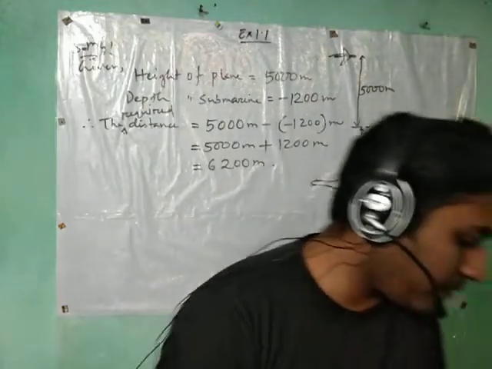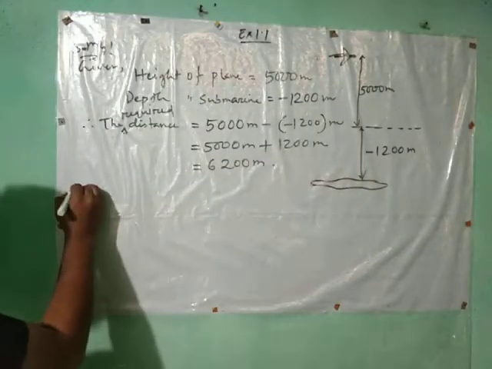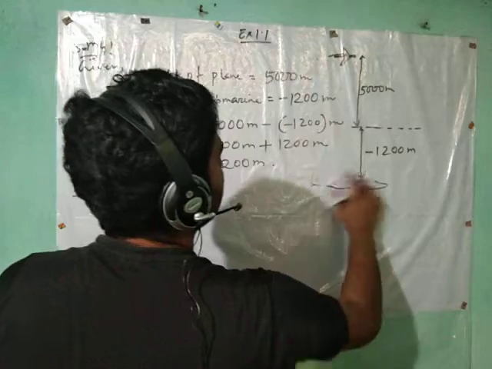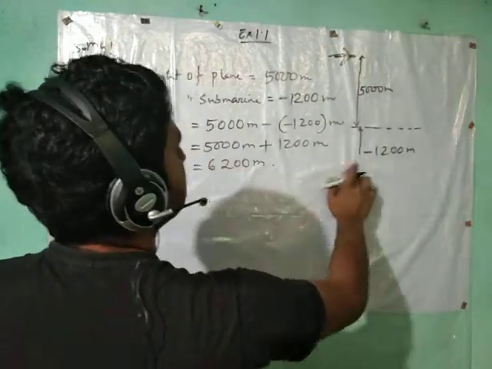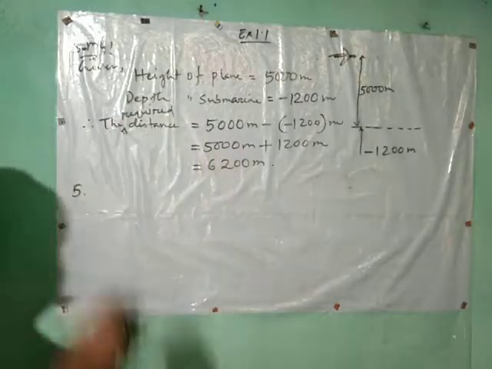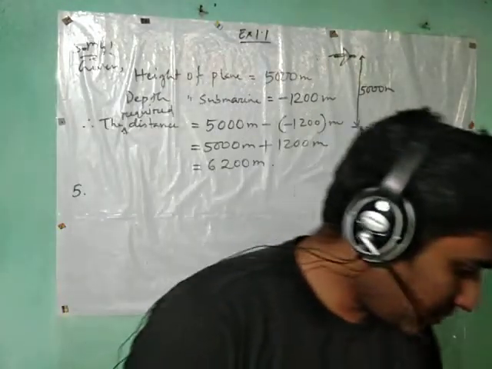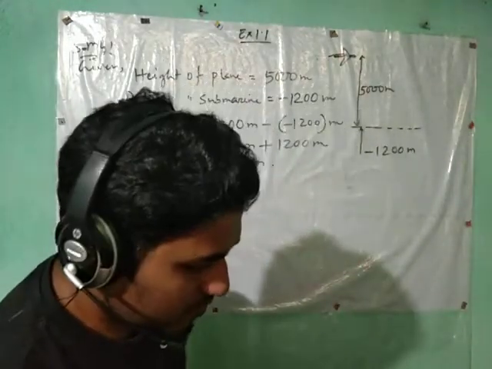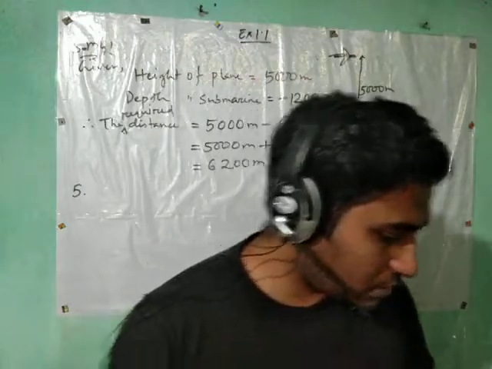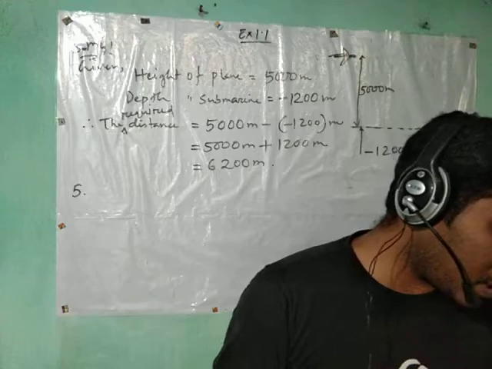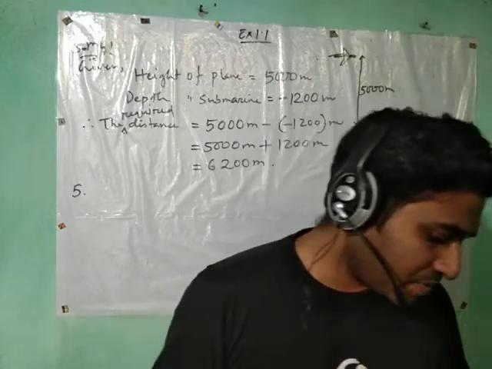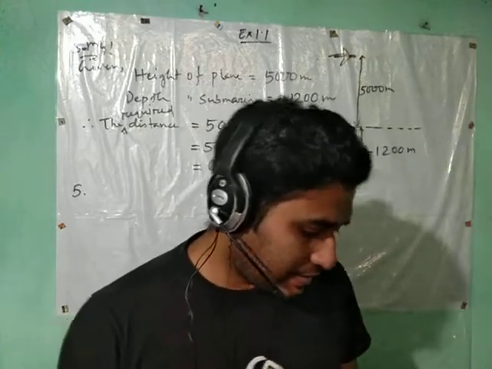Now question number 5. What is there in question number 5? In question number 4 you can draw this diagram. Now question number 5 asks: Mohan deposits rupees 2,000 in his bank account and withdraws 1,642 rupees from it the next day.